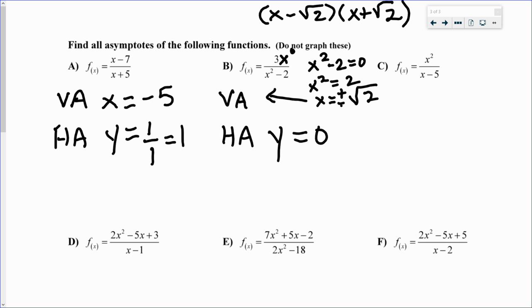In C, the vertical asymptote is pretty obvious. If we take x minus 5 and set it equal to 0, we'll get x equal to positive 5. And if we look at the degree of the numerator compared to the degree of the denominator, the numerator is greater than that of the denominator. So there is no horizontal asymptote.